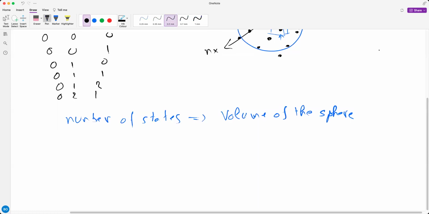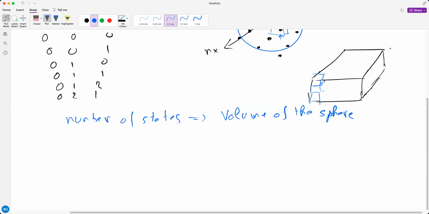To make it clear, if I take a large cubic volume, and this volume is made of small cubes, this is a small cube, this is another cube, and so on.